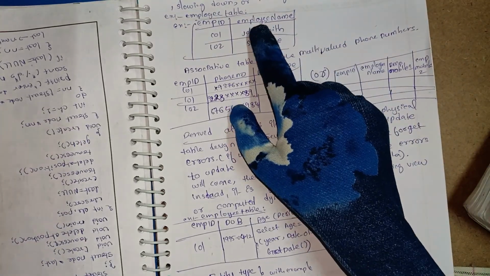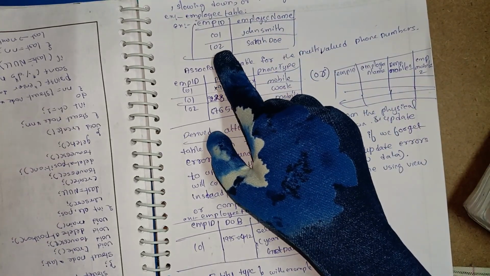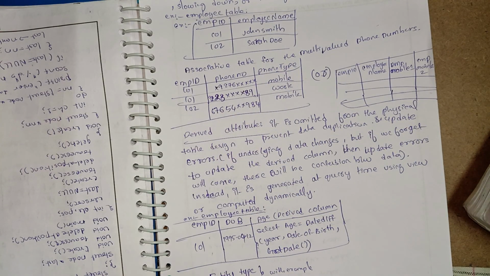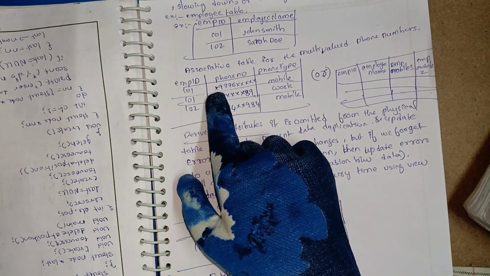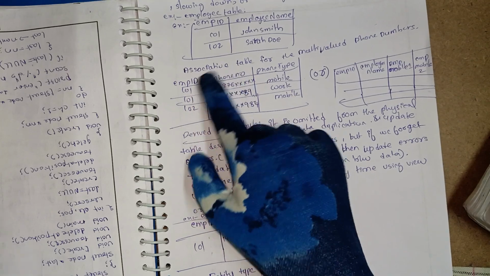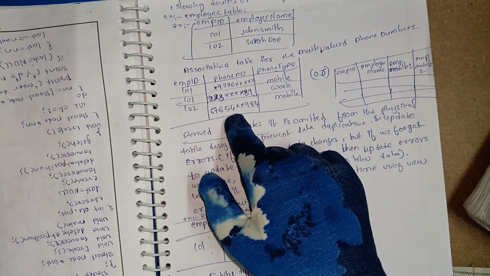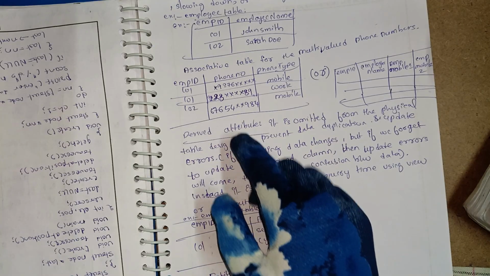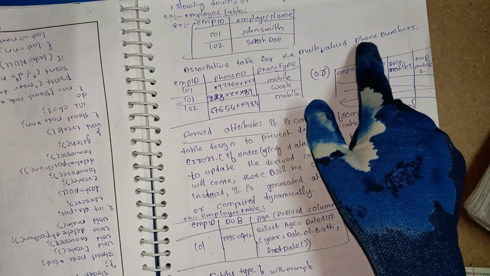with employee ID and employee name, 101, 102, John Smith, Sarah Doe. Here we are making an associative table, means a separate table, for the multi-valued phone numbers.